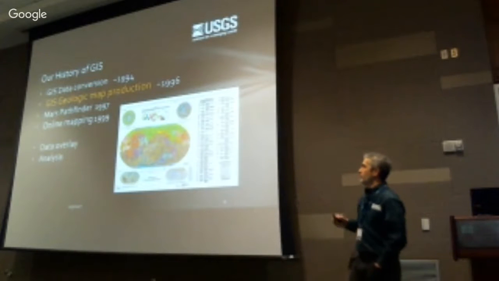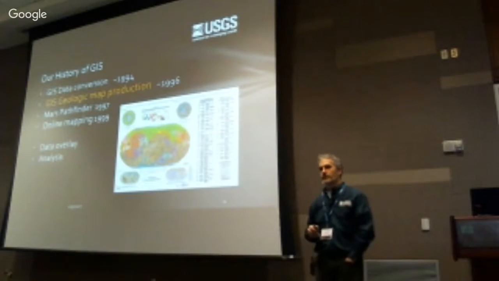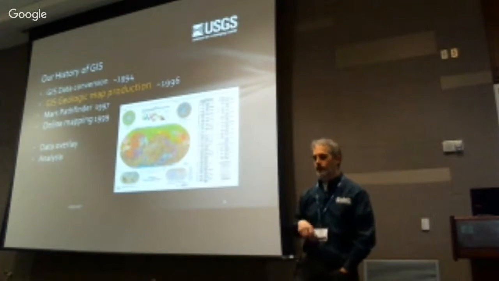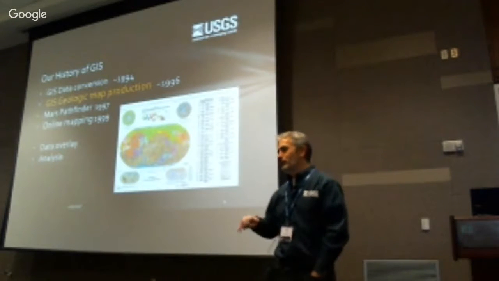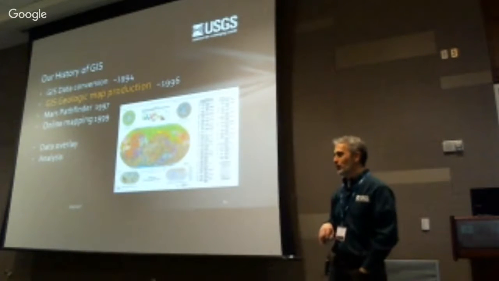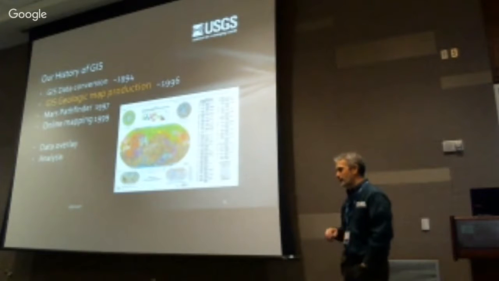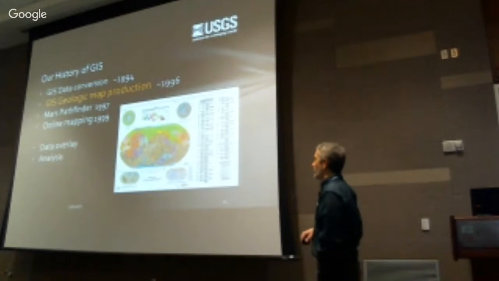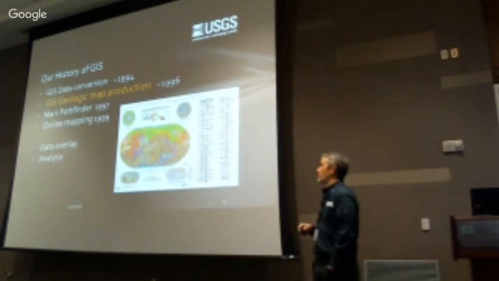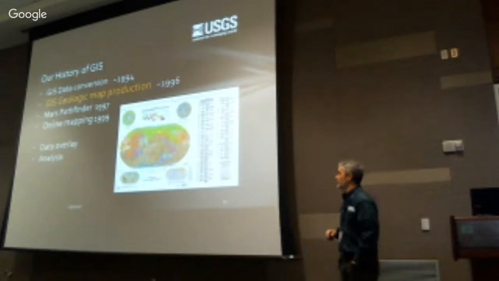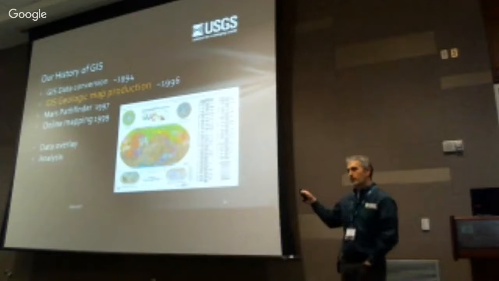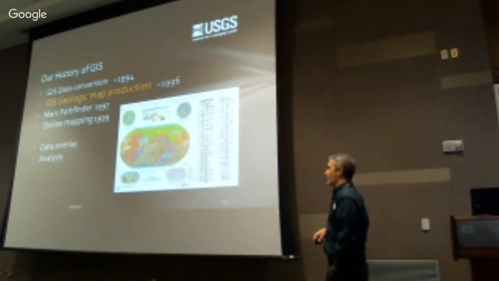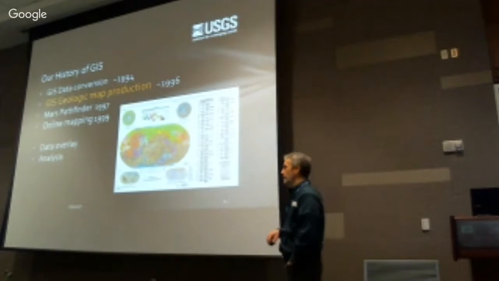So our history with GIS is we started to do GIS conversions in the East, and that was specifically for converting contour maps to a GIS format. So we got into GIS just to do vector conversions. We started to actually do GIS for geologic map production in the 90s also, and then we started to do landing site analysis and online mapping in the late 90s.